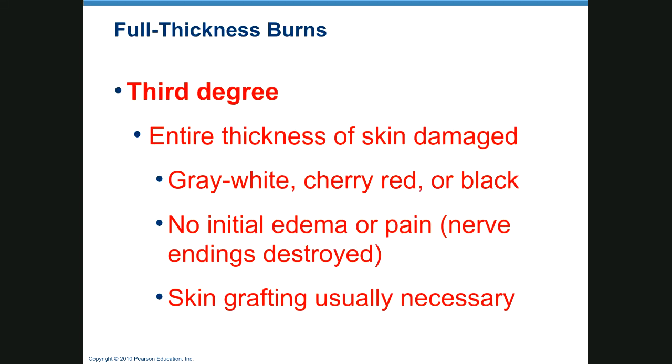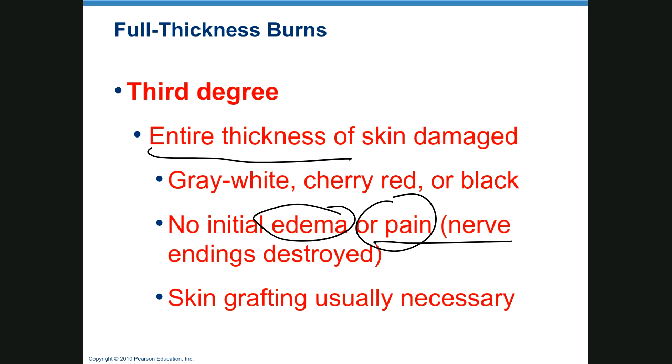A third-degree burn is the most severe. In this case, the entire thickness of the skin has been damaged, and it has been charred to a level where even the pain endings have been destroyed. So there's typically no pain. Initially, there's no edema.